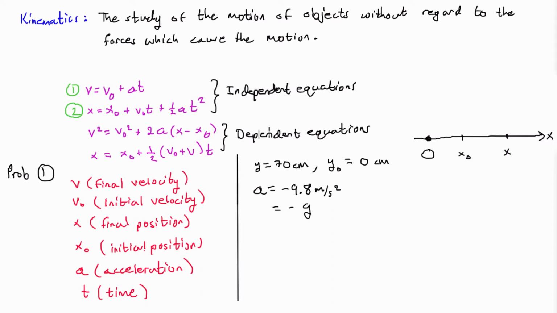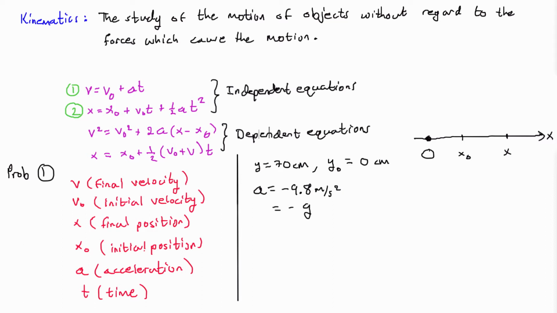Okay? So we're given all of this. We're also given that, remember, he jumps up a maximum height of 70 centimeters, which means that once he reaches that height, he stops momentarily before falling back down, right? Does that make sense?